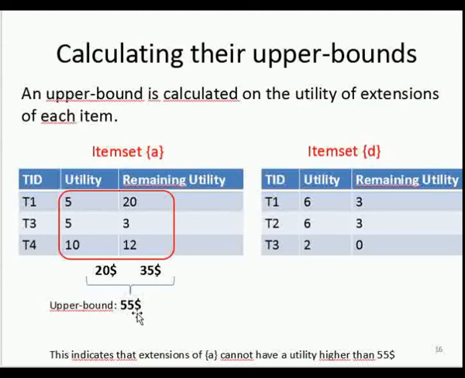It means that any item set starting with A, like AB, AC, AD, ADF, cannot have utility more than $55. So this can be used to reduce the search space. For example, if the minimum utility is $60, we know that A and any extension of A cannot be a high utility item set.